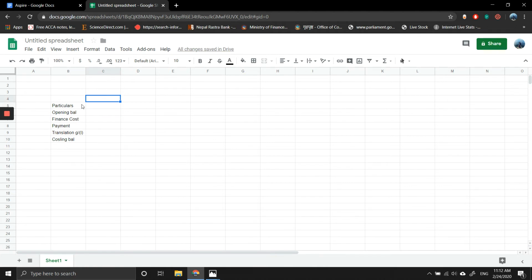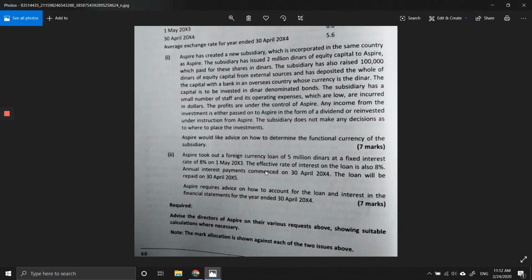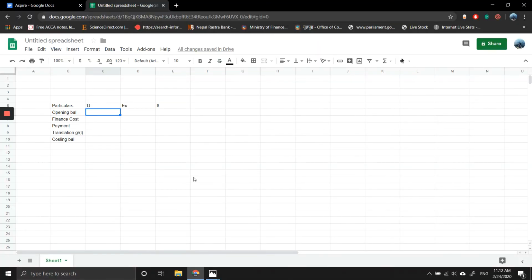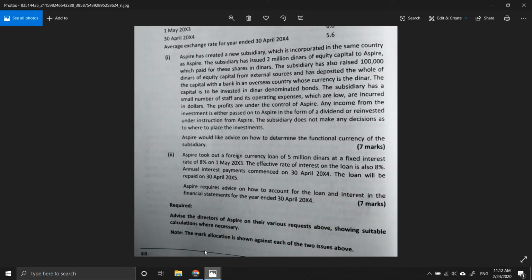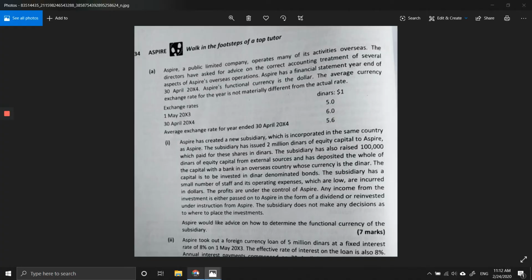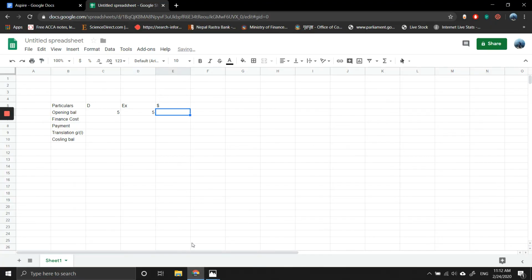So this is in dinar, this is the exchange rate, this is in dollar. What was our figure? The opening balance: how much loan did we take? 5 million dinar. The exchange rate at the beginning is 5, so this will be this figure divided by this figure.